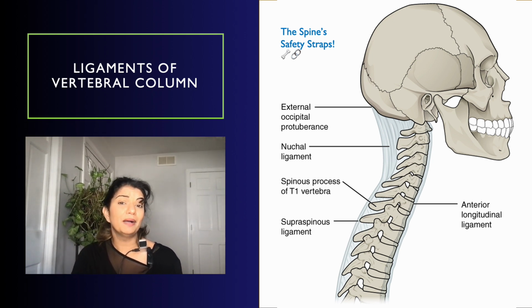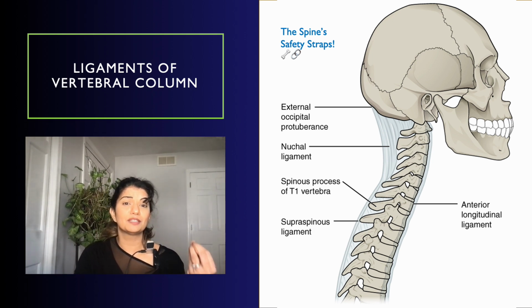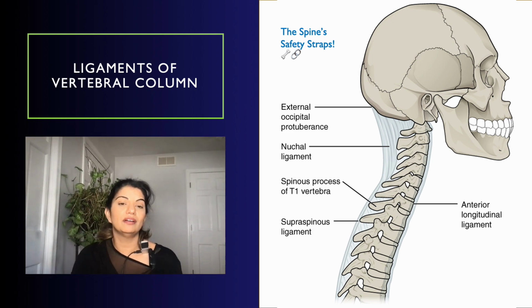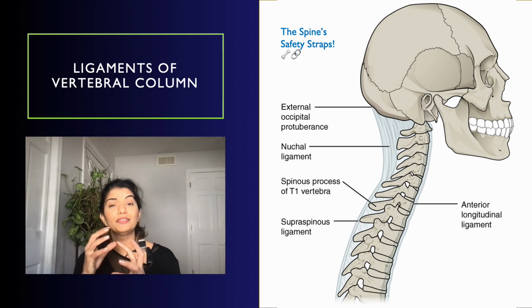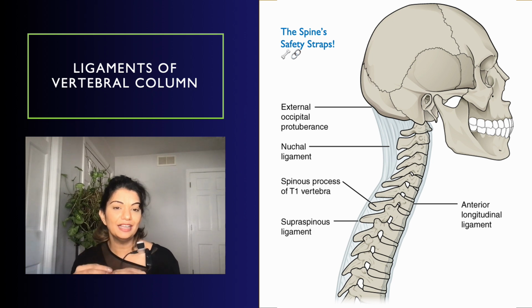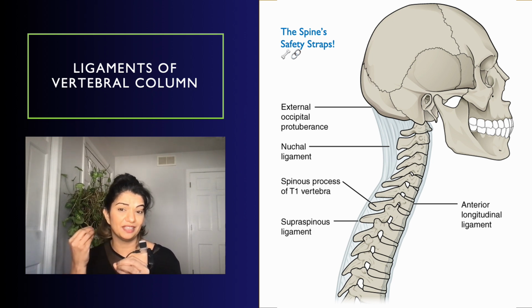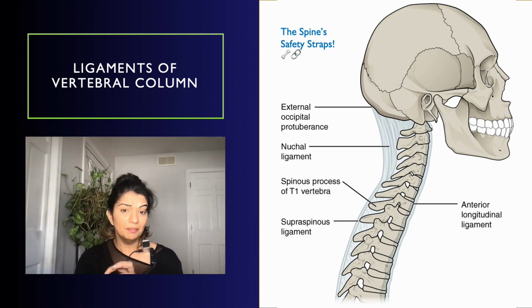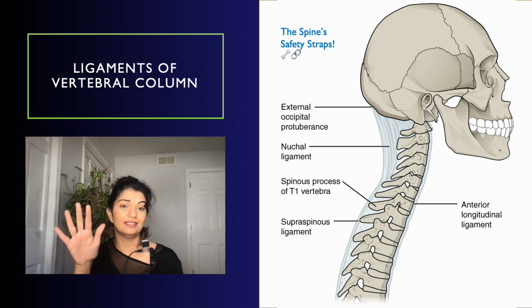The supraspinous ligament connects the spinous processes of thoracic and lumbar vertebrae together.